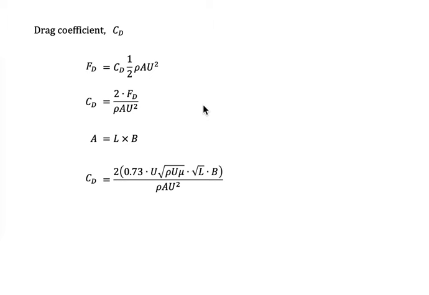And this is the calculation for drag coefficient. Previously in our slide, we know that drag force is equal to C D times 1 over 2 rho A u square. So we rearrange this equation, so we have C D equal to 2 times F D over rho A u square, and we know that A is length times width. We substitute the value of F D that we got from the previous slide, so we can write C D is equal to this.